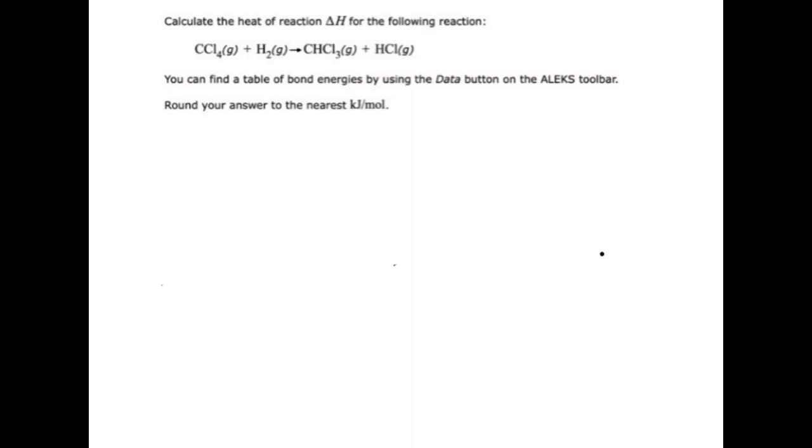Alright, and we have to do this the exact same way that we did the other problems, so we would use the respective bond energies that we would find in the table on Alex or in the table that I found. So for this problem, we have 4 bonds in this first part. They're all CCl bonds, so the CCl bond is 328 plus the amount of energy for an H2 bond, which is 436, minus, now we have to do this problem.